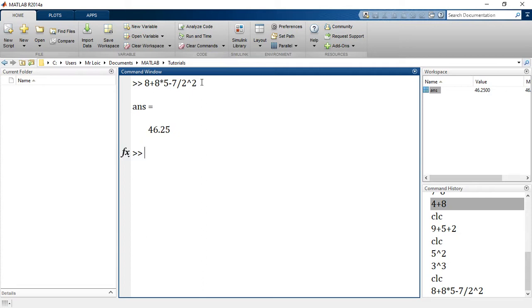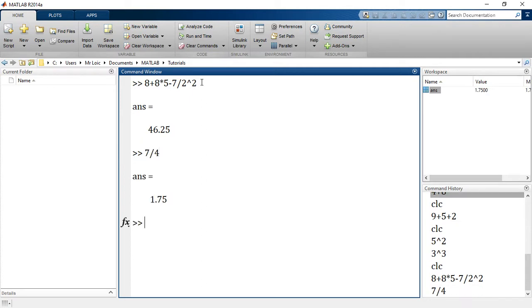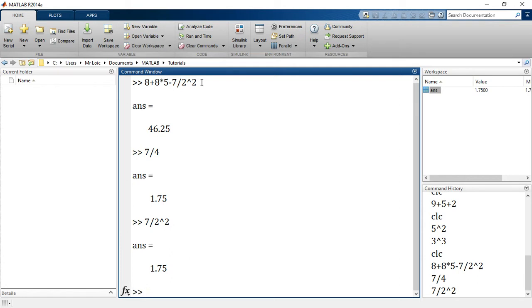So let's do that step by step. Let's first of all compute and confirm that 7 divided by 4 is 1.75. If we take 7 divided by 2 to the power 2, what does that give us? 1.75.